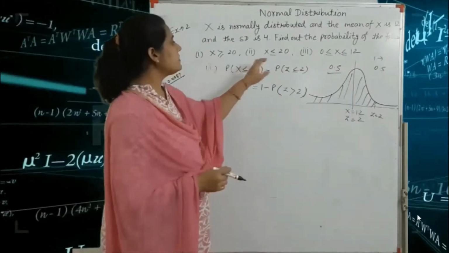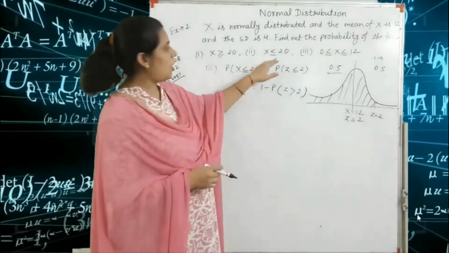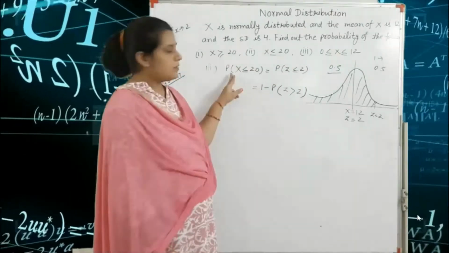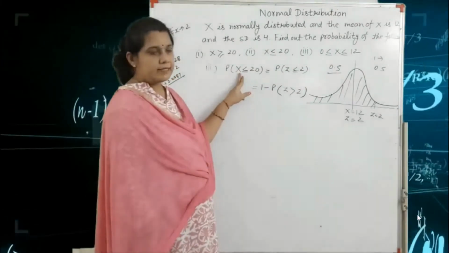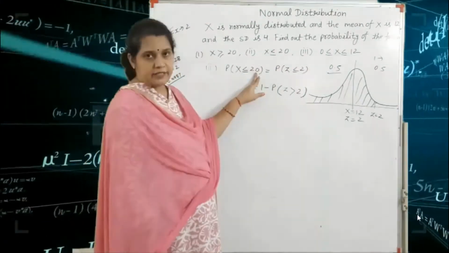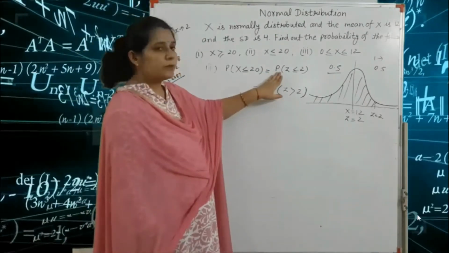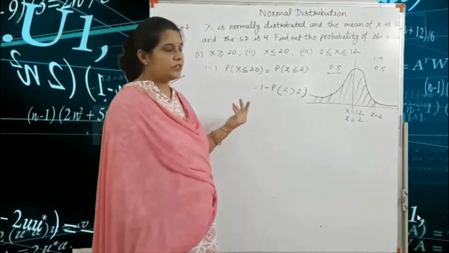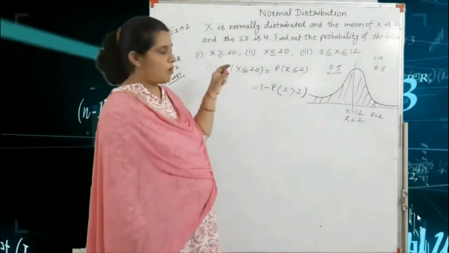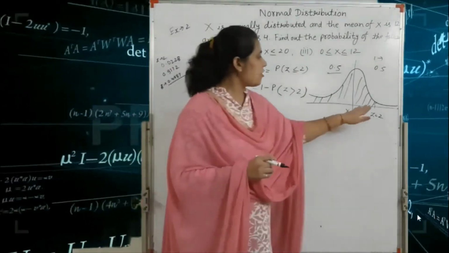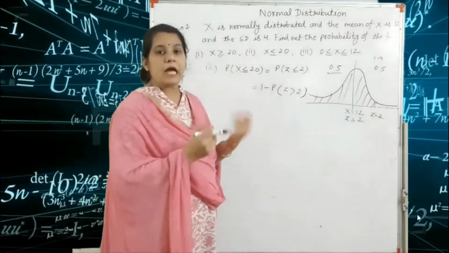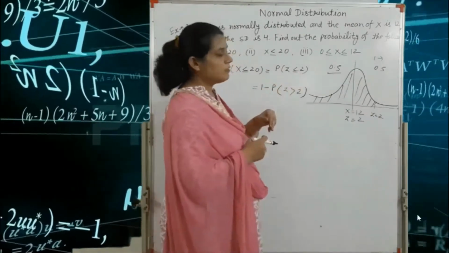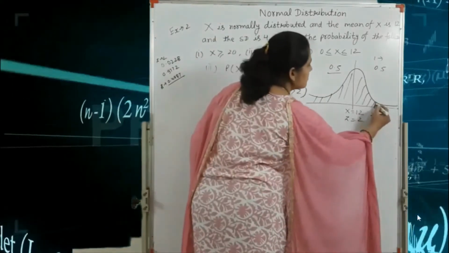The second is we find the probability of x less than or equal to 20. So we write here probability of x less than or equal to 20 is equal to probability of z less than or equal to 2. We have already seen in our first form. Okay. So if we draw the diagram with the help of the normal distribution, z less than or equal to 2, that means this is z is equal to 2.